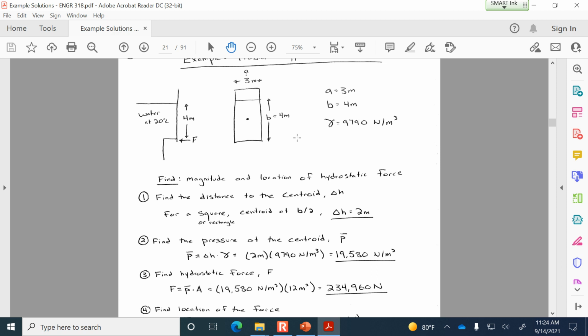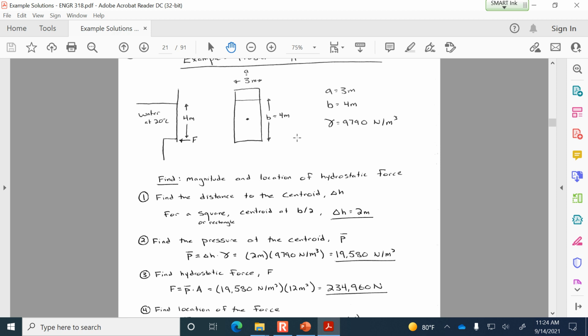And the first thing we're going to do, step 1, is find the distance to the centroid. So find delta H, the depth to the centroid. So here's the centroid, and just by inspection, we can see that the depth to the centroid is going to be, since it's 4 meters from the top to the bottom of the gate, half of that.